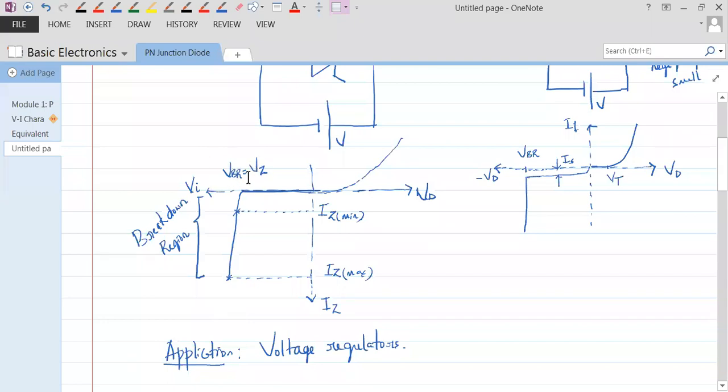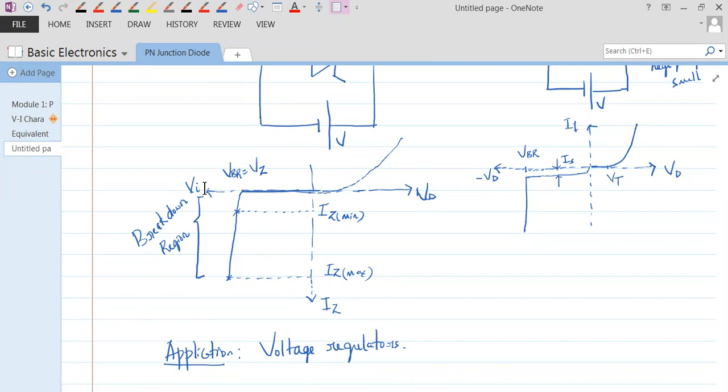Since the voltage across the Zener diode is not varying, this is used as the voltage regulator. But the current would increase. So to limit the current within this Iz max, I need to limit my Vi also. The input voltage also needs to be limited.